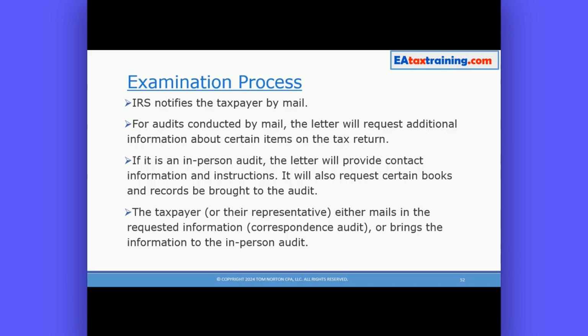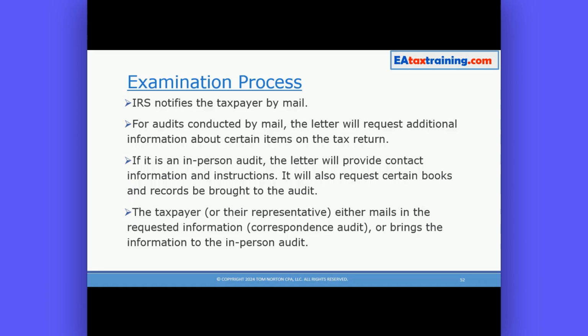And it may also say, hey, we want certain books and records. We want you to bring those to the audit. Then the taxpayer or their representative, you as the enrolled agent, either mails in the requested information if it's a correspondence audit, or you bring that information to the in-person audit.